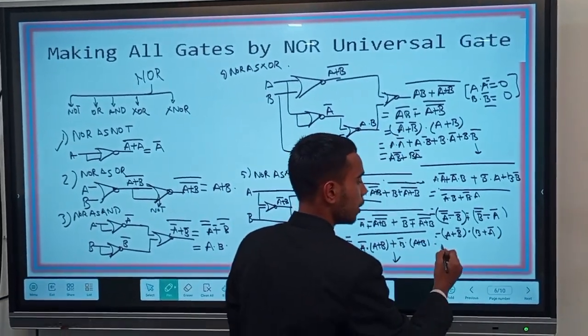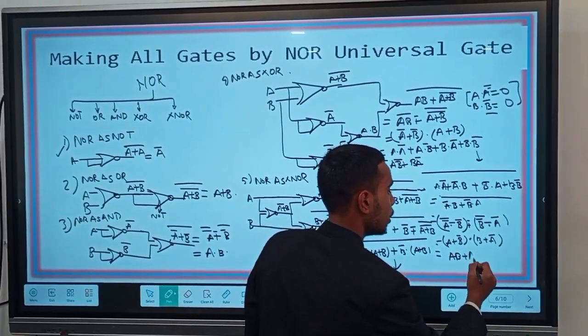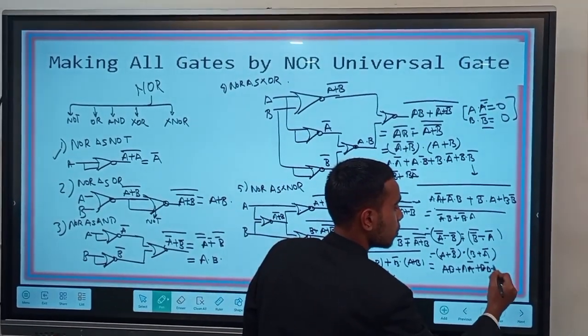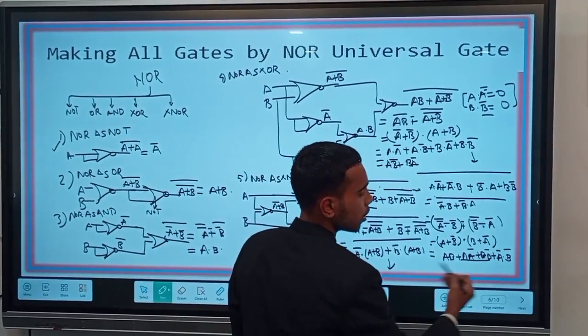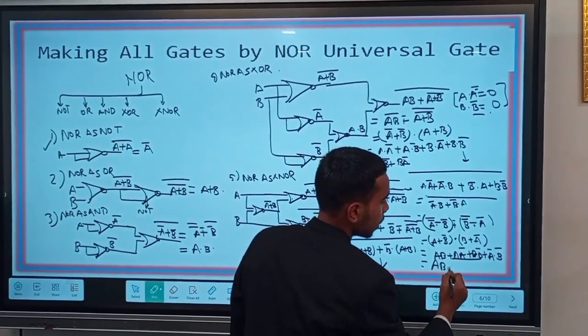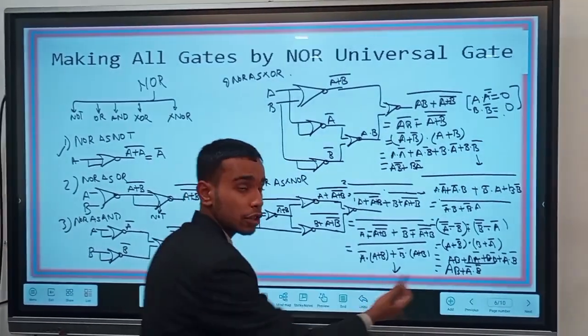Now we are going to multiply it to obtain AB plus A into A complement plus B into B complement plus A complement into B. Now these two terms result into 0 because we are considering this again. We are going to obtain AB plus A complement into B complement. Okay, that's the expression for XNOR.